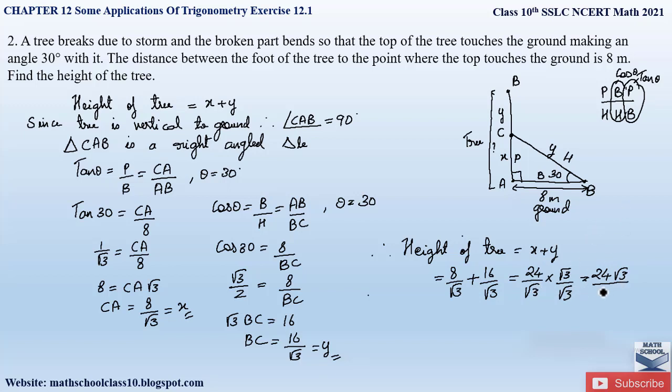Root 3 into root 3 will be equal to 3. By using our identity, root a into root a is equal to the number itself, that is a. This I have also proved to you in my previous videos. By now I am sure you know how we get root a into root a is equal to a. So therefore root 3 into root 3 will be equal to 3. Now cancelling, 3 1 times, 3 1 times, 3 8 times. So therefore we get height of tree as equal to 8 root 3 meter.